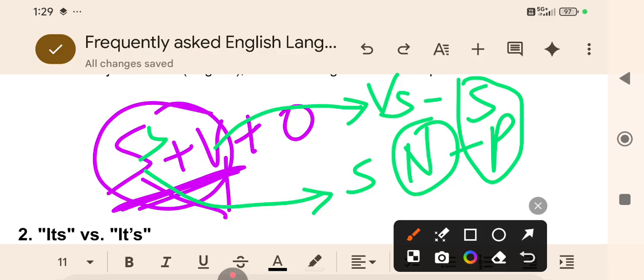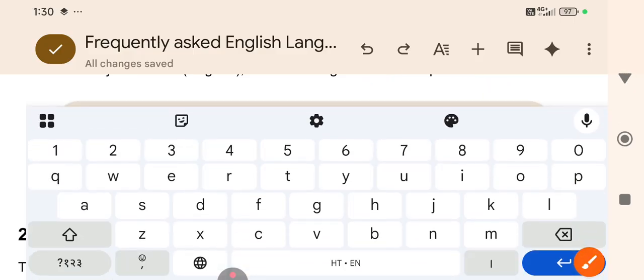Example: they go to market. They is plural and go without s is plural. But if we say she goes to market, when she is singular, then goes is a singular verb. So please take care, right?